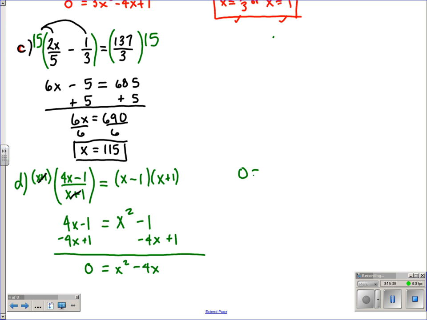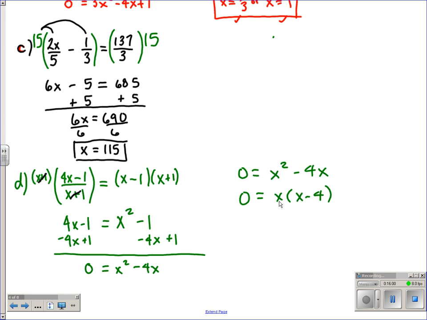Let's rewrite it. And to solve this, let's look at factoring first. Is there a common factor between x squared minus 4x? There certainly is. Let's factor out the x, and we've got x minus 4 left.